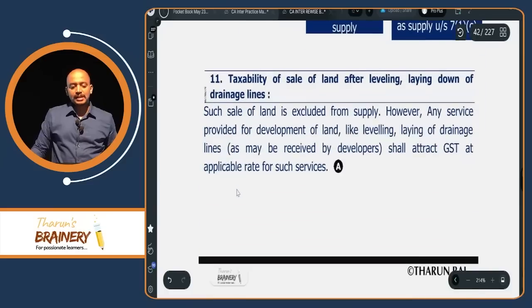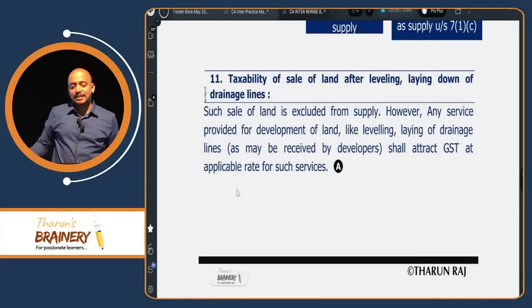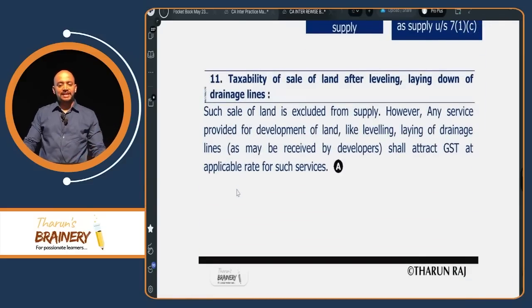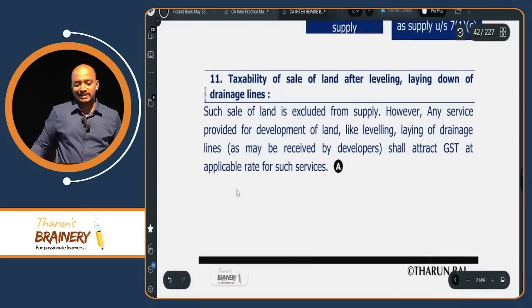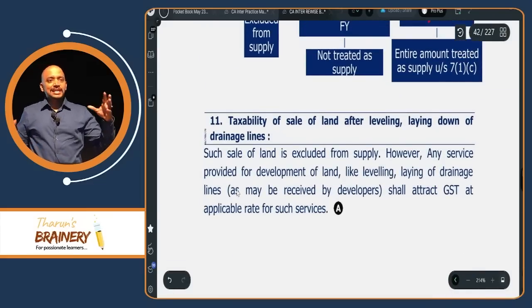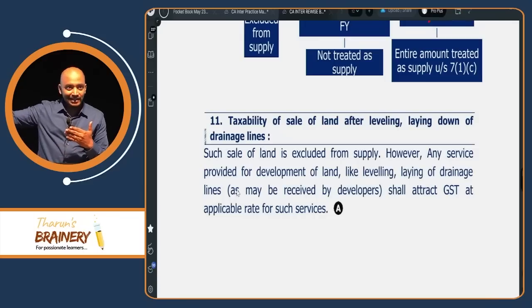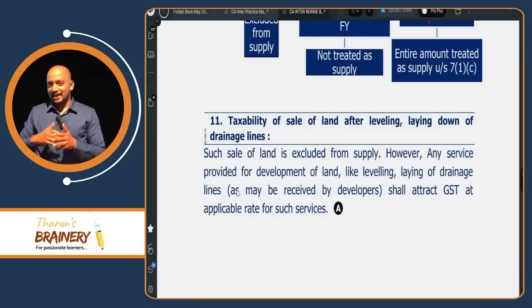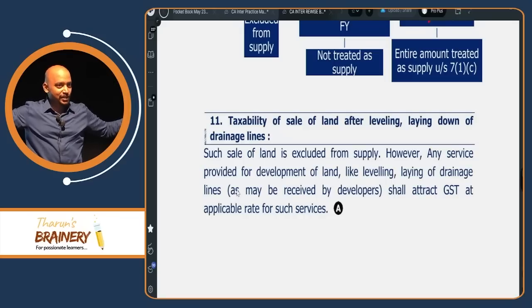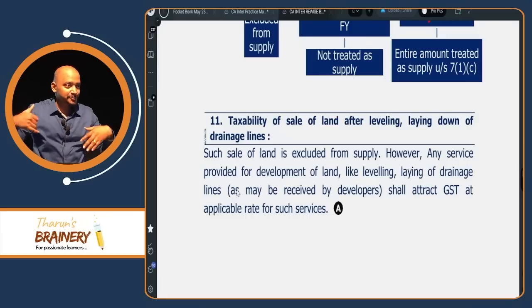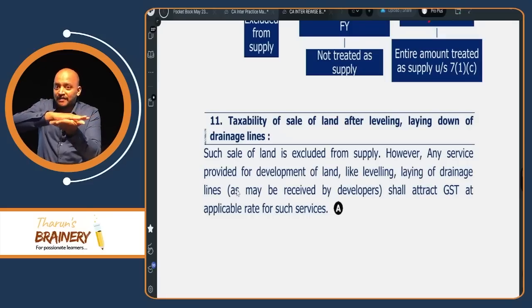Then, one more circular part: taxability of sale of land after leveling, laying down drainage lines, etc. Generally, you would have seen a lot of plot ads, like Chennai Mega Real. What real estate developers will do is buy the land and do leveling.